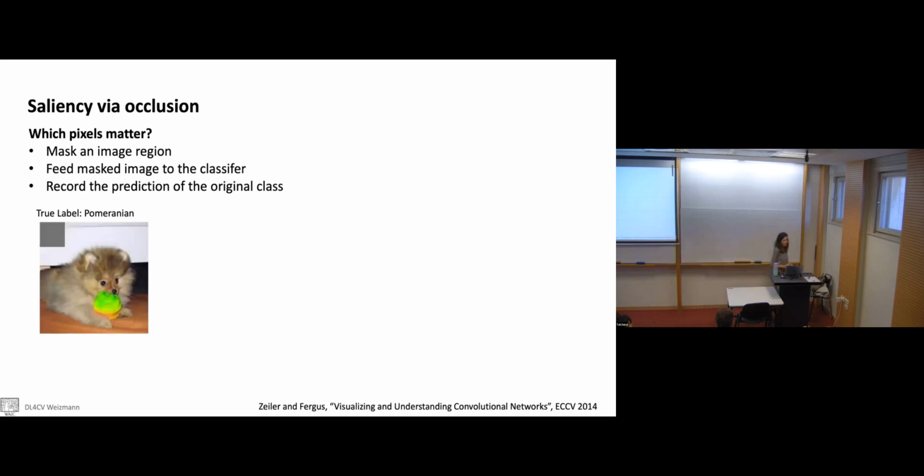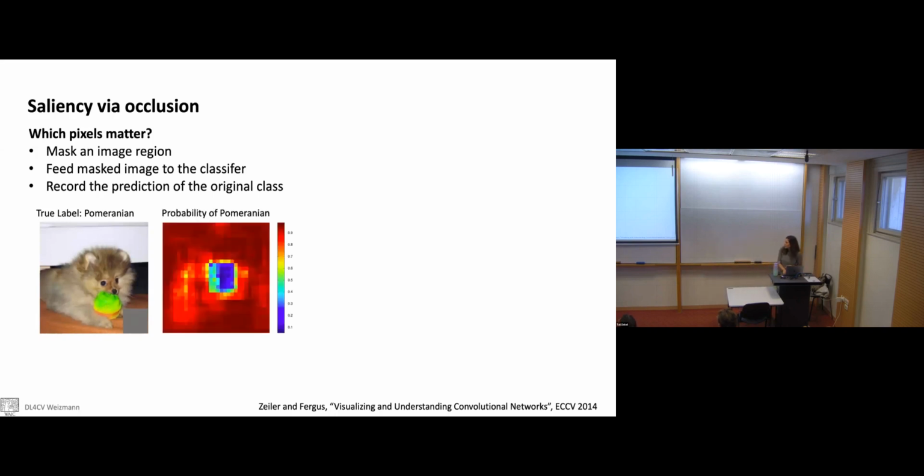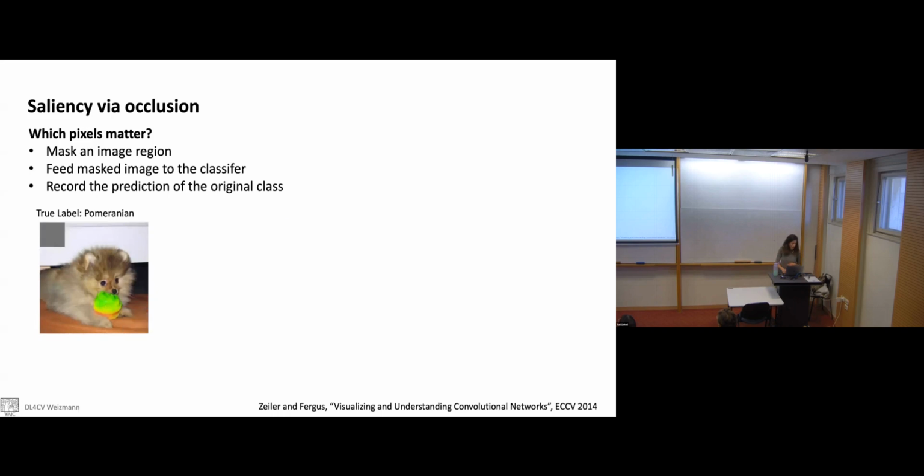So for example, I just block this patch in the image using this gray square. I'm going to block a region, take my image with this mask, fit it into the neural network, and record the probability for this class.